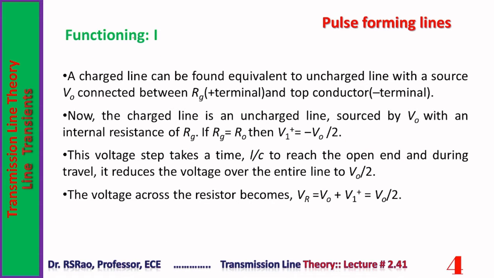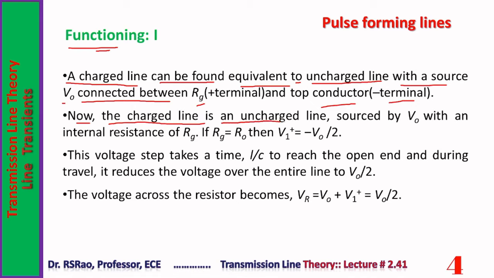Now, a detailed description of the functioning. A charged line can be found equivalent to an uncharged line with a source V0 connected between the Rg plus terminal and the top conductor minus terminal. Now the charged line is an uncharged line sourced by V0 with an internal resistance of Rg.